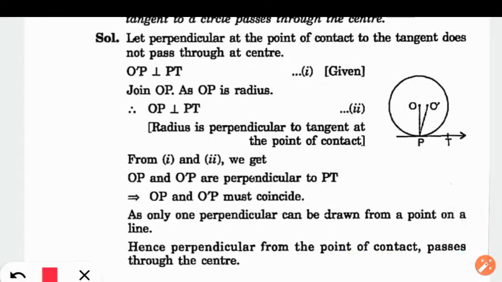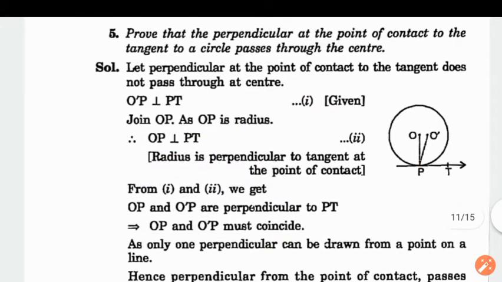Now I am going to use construction. In construction, join OP. As OP is a radius, we can say that OP must be perpendicular to PT. Why? Because we know from the first theorem that the radius through the point of contact is perpendicular to the tangent. Reason is given here.